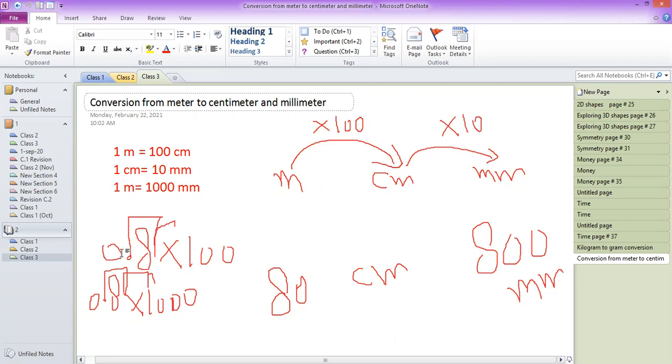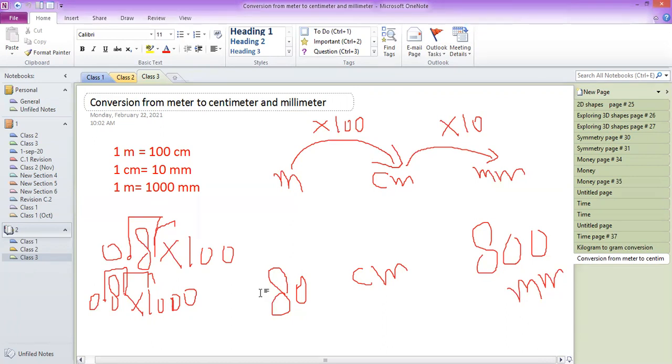To multiply by 100, you move the point from left side to right side two times. Why two times? Because in 100 there are two zeros. One time you move, it will become 8, and one more time you move, you add one zero on the right side and put the point after the zero. So it will become 80 centimeter.